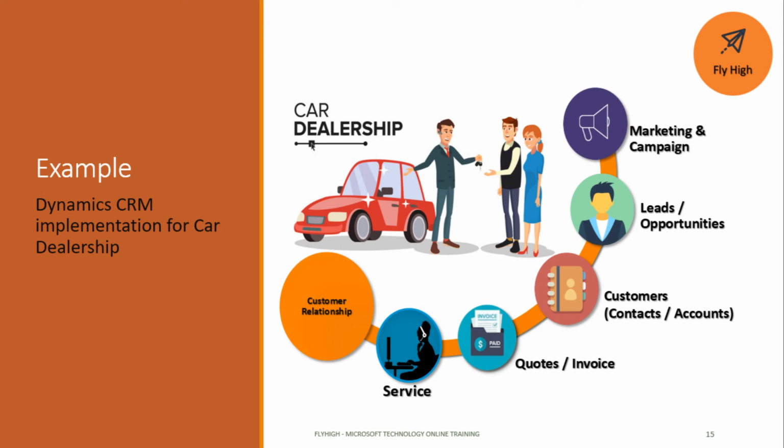So they will conduct a contest, and to participate in that contest, the potential customers are asked to provide their contact information, and if the potential customers are interested in any of the car models, they will be entered into the system as part of the marketing campaign, and that will become a lead.